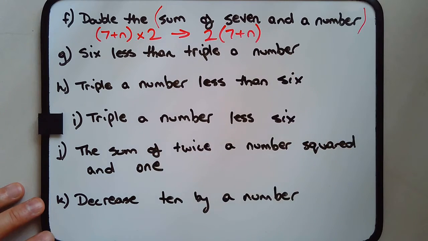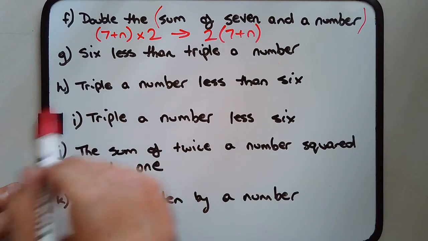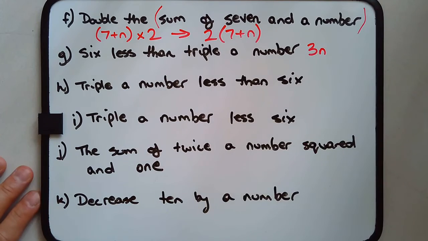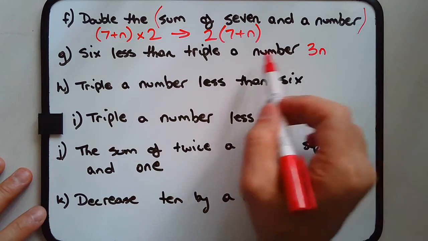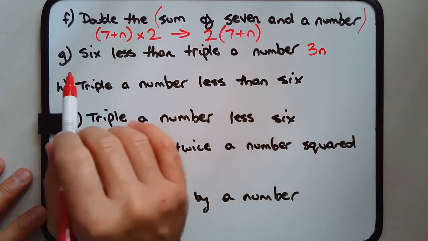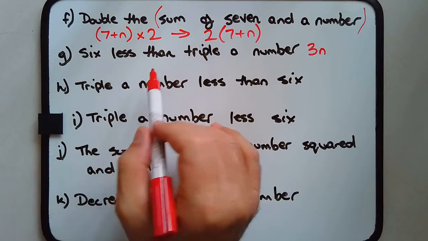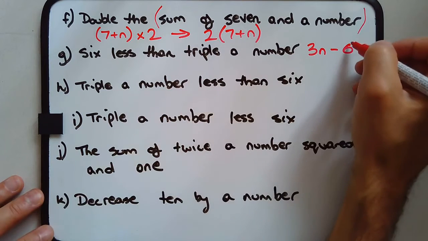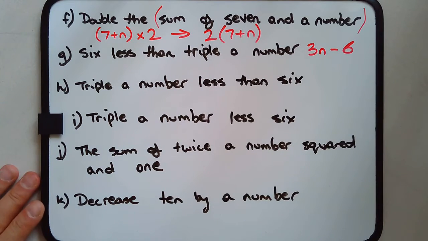We're going to triple the number first, and then subtract 6. Tripling a number is the same as 3n, if we're using n to represent that number. And then we subtract 6 from that, 6 less. So it'll be 3n minus 6.